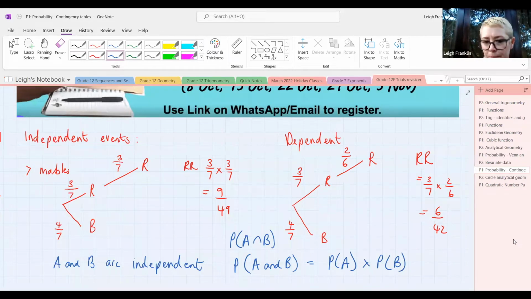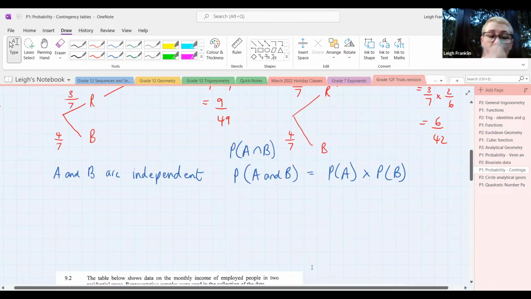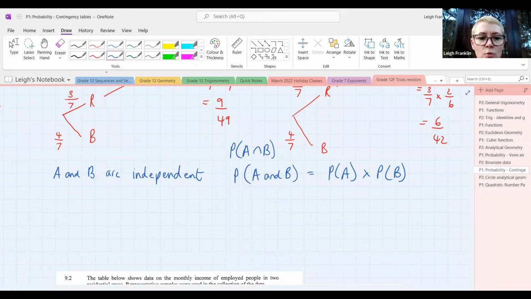Okay, so in this case here, you can see that 3/7 times 3/7 would be 9/49. So that would be the probability of us getting red and red, if we did not take a marble out of the bag when we left it in the bag. Now, when we talk about the word and in probability, what does the word and mean? It's got a very specific meaning.